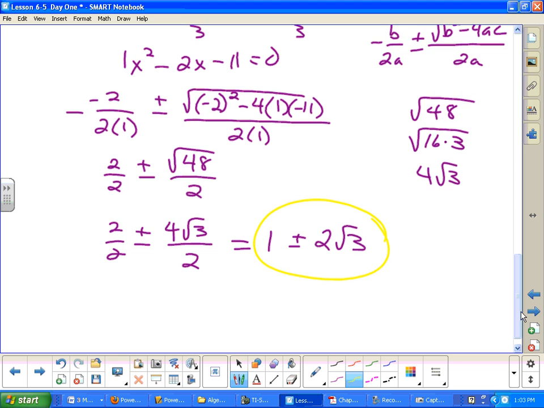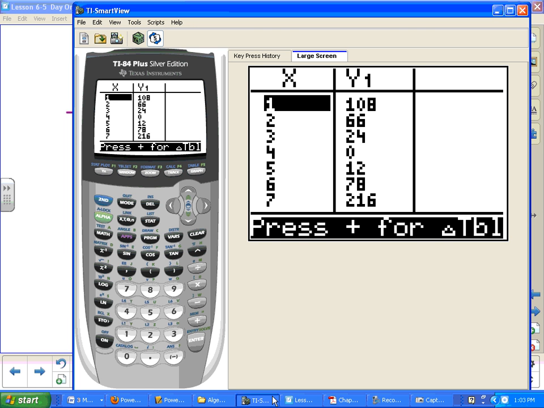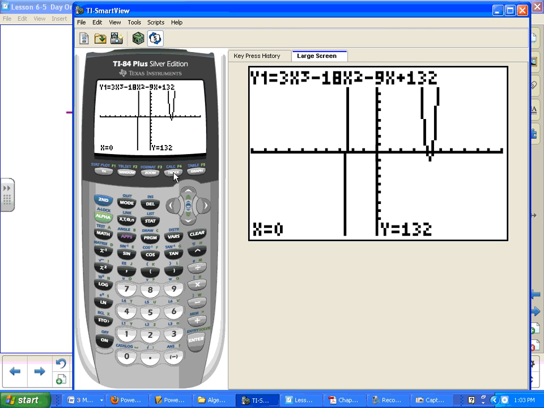And here, once again, I could check these. Since I've graphed it, I can hit trace, type in 1 plus 2 square roots of 3, just like it is there, and hit enter, and it equals 0.